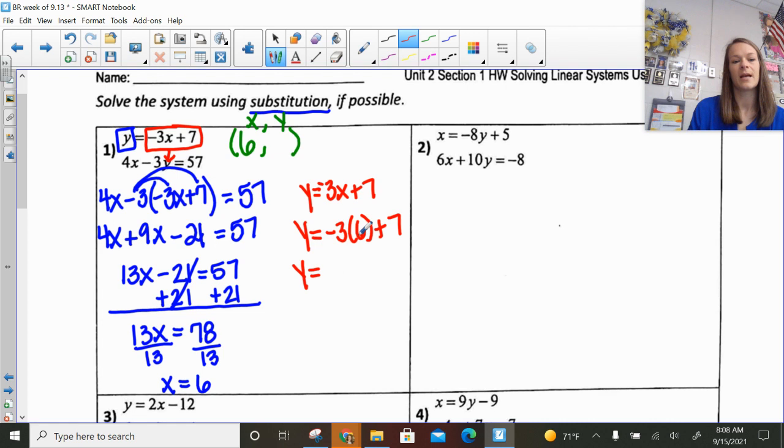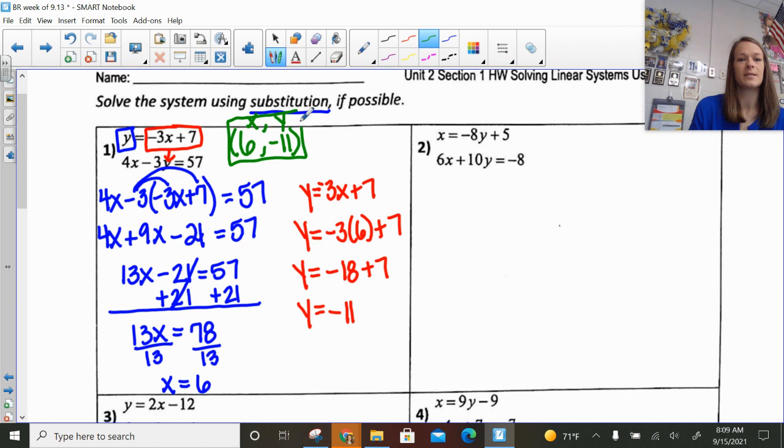Negative 3 times 6 is negative 18. Negative 18 plus 7 will be negative 11. So my y value here is negative 11. The solution to number 1 is 6, negative 11.